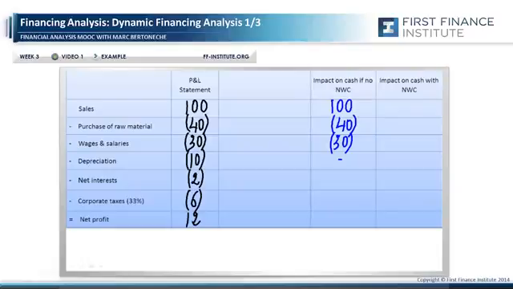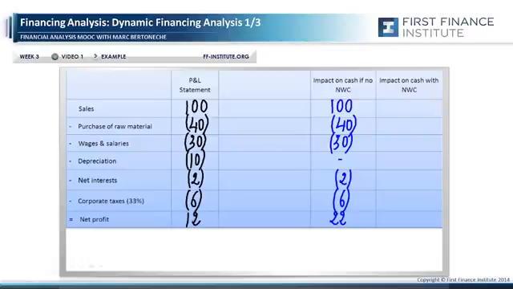Net interest, we have to pay them to the bank or to the debt holders. Taxes. And therefore, if you do that, 100 minus 40 minus 30 minus 2 minus 6, you'll find 22. 22 is a cash impact.